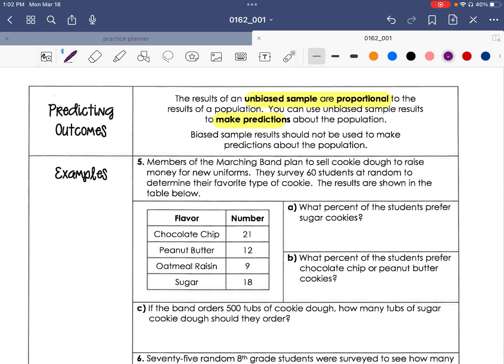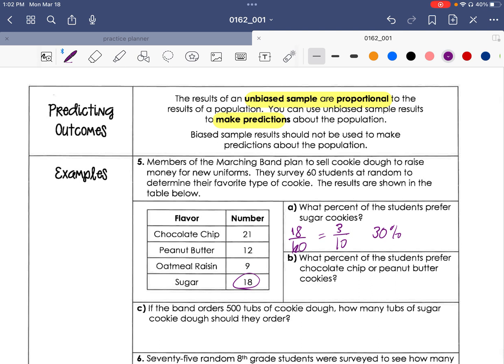A member of the marching band can plan to sell cookie dough to raise money for new uniforms. They survey 60 students at random to determine their favorite type of cookie. The results are shown in the table below. What percent of the students prefer sugar cookies? So look, there are 18 out of 60 students that preferred sugar cookies. We can reduce that to 3/10, which is 30% of the students prefer sugar cookies.